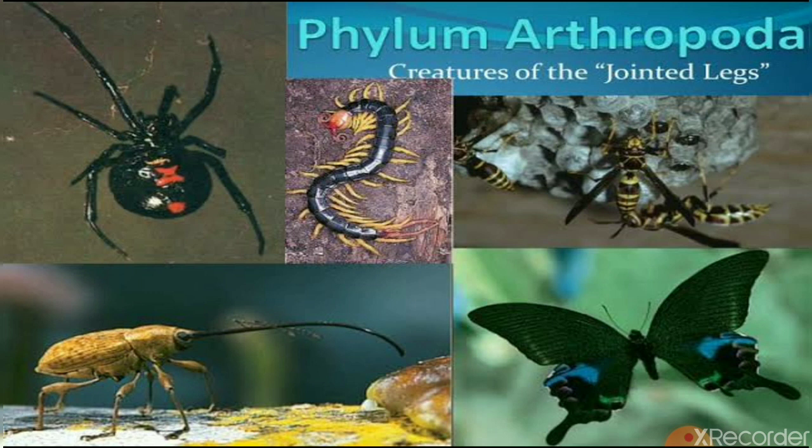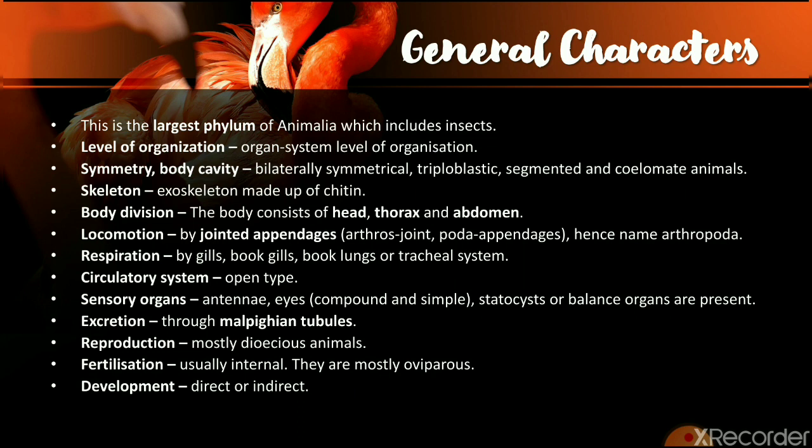They are cosmopolitan in nature. They are found in air, water or soil, or everywhere. They show organ system level of body organization. They are symmetrical. Usually bilateral symmetry is present in the members of phylum Arthropoda.